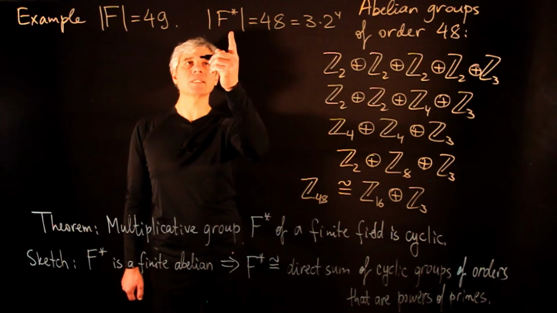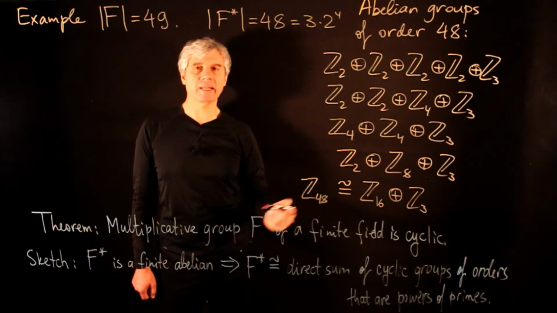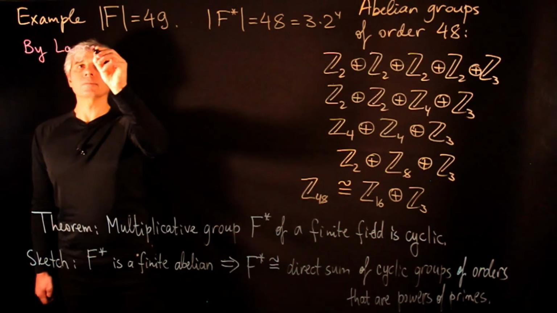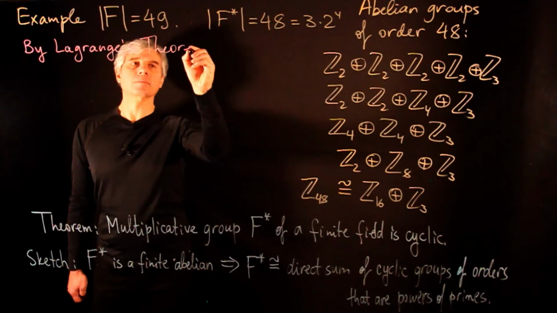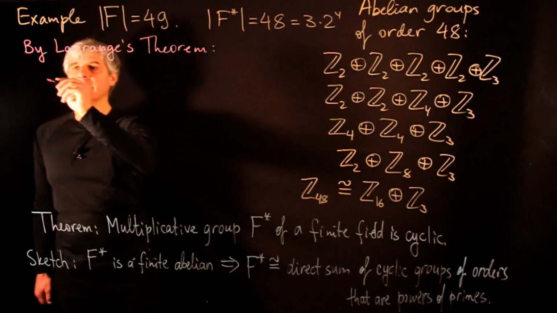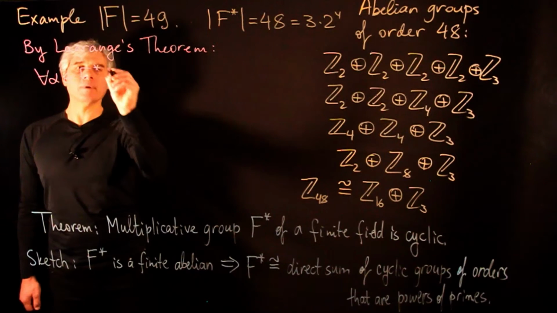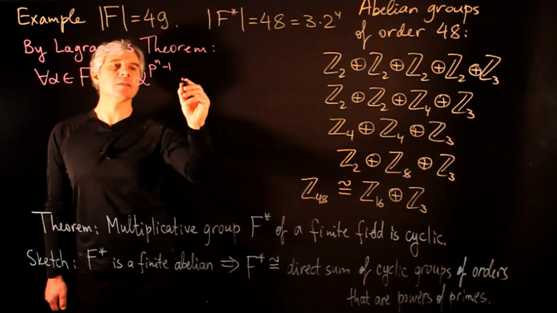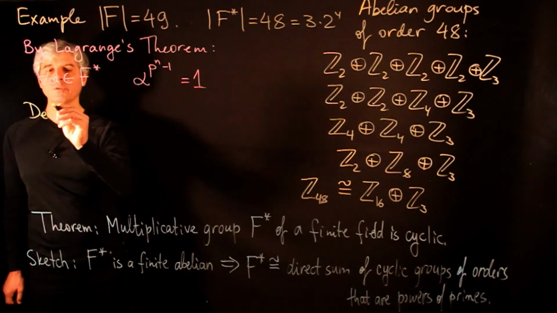Let us show that the multiplicative group of this field must be the last group, which is cyclic. By Lagrange's theorem, we have that for every alpha in F star, alpha to the p to the n minus 1 is equal to 1. Let us introduce the notion of exponent.